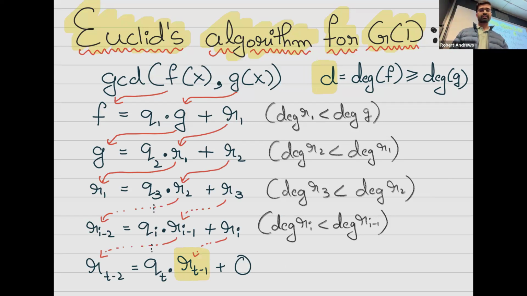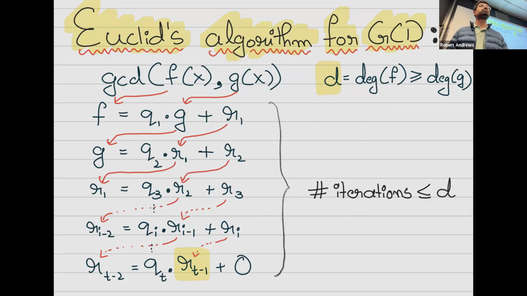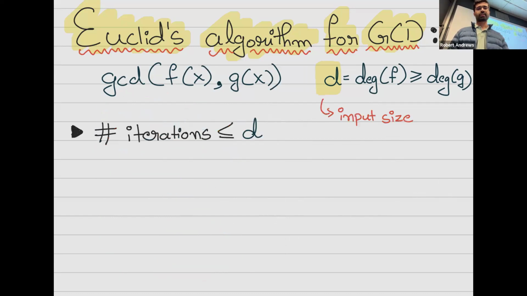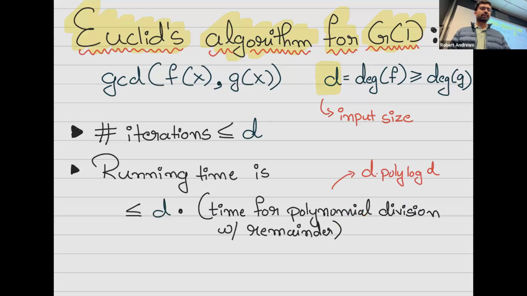In the worst case, the degree can reduce by just one, so this can happen for d iterations. The number of iterations is d, where d is the degree of both f and g, and the running time would be d times the time for polynomial division with remainder. So this looks like something like d squared time. We also know that we can do this in near linear time, but for our purposes this is good enough.